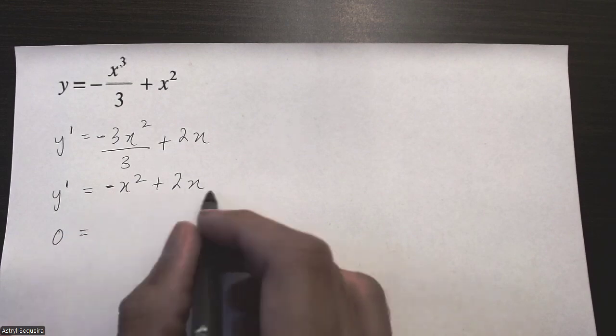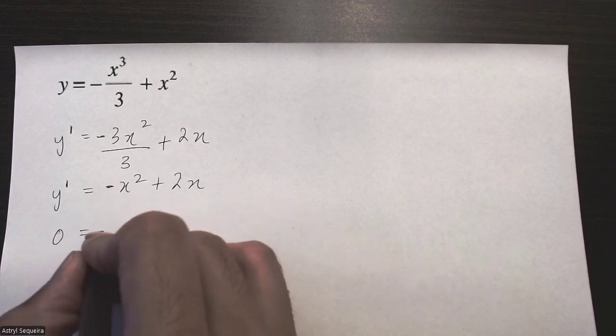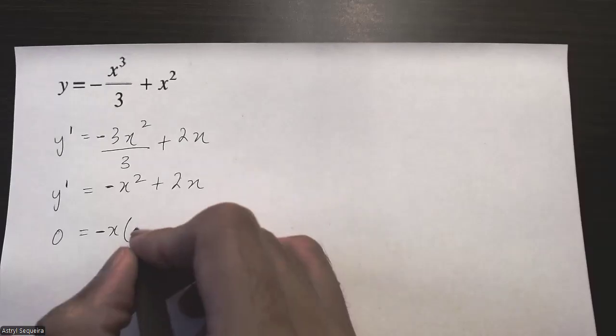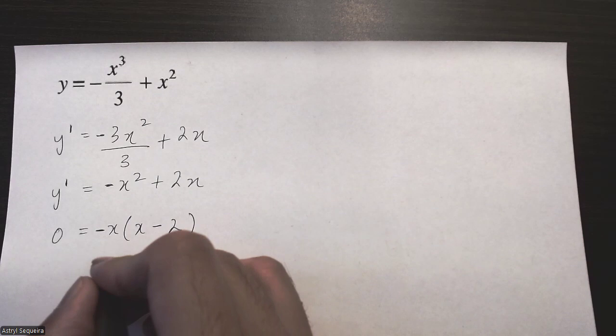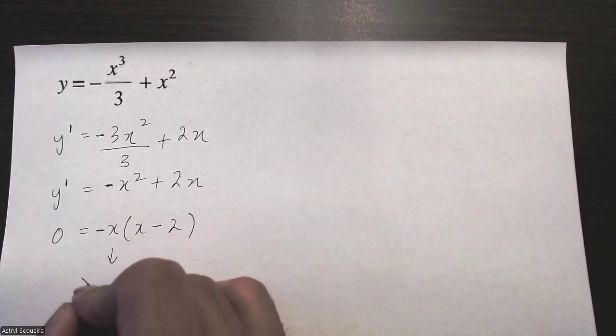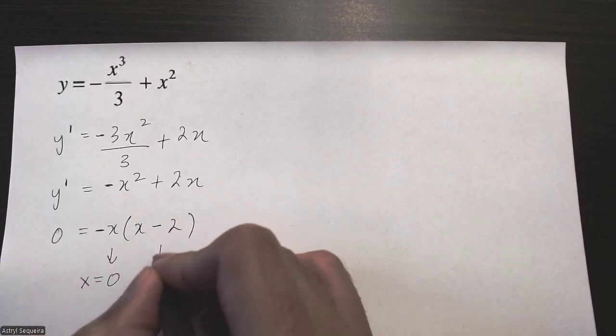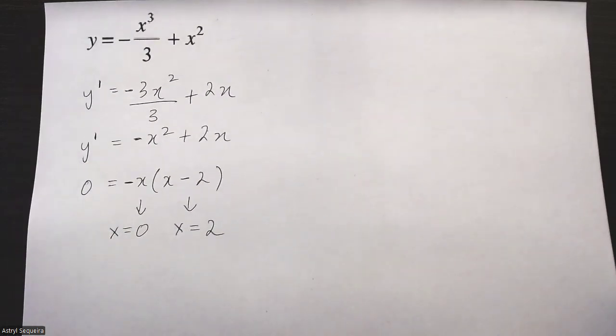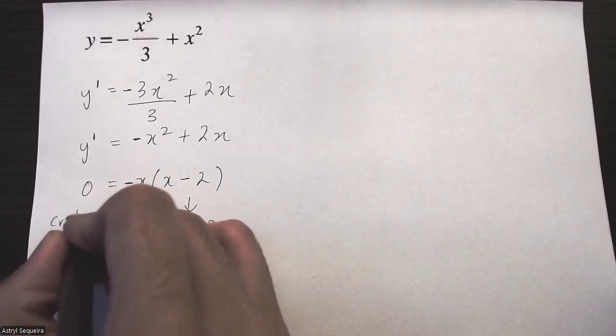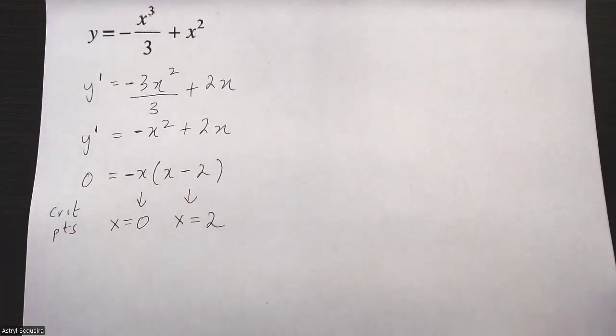To solve this, I can common factor out a negative x over here, left with x minus 2. So this gives me two critical points at x equals 0 and x equals 2. Those are my critical points.